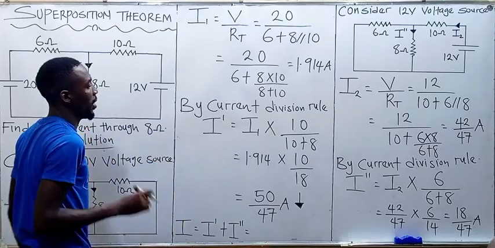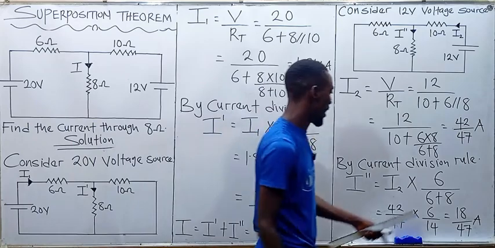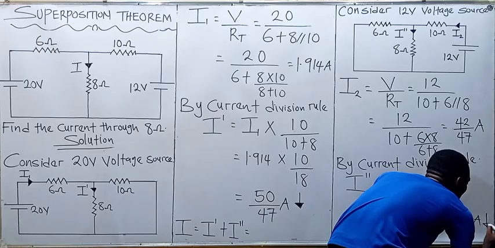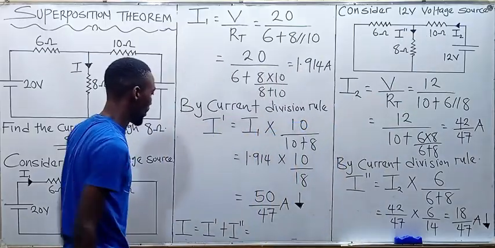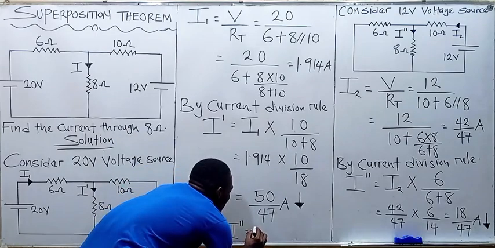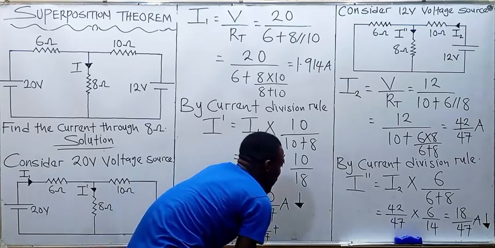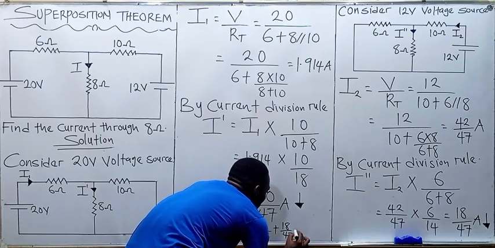right? Why? Because if you look at, I prime is going downward, and I prime prime is also going downward. So we can add them together. So that is going to give us 50 all over 47 plus 18 all over 47.